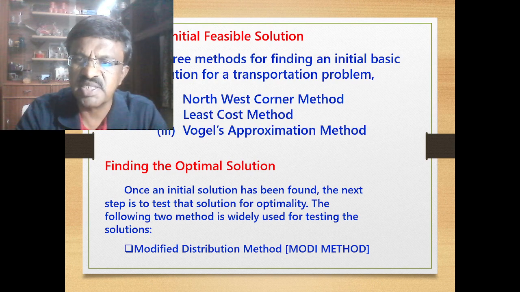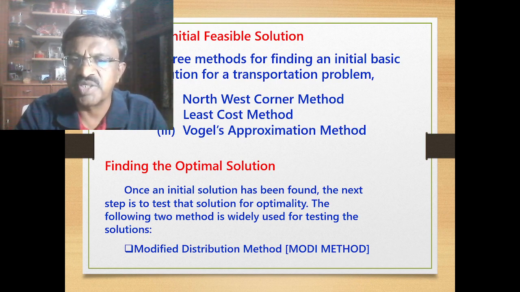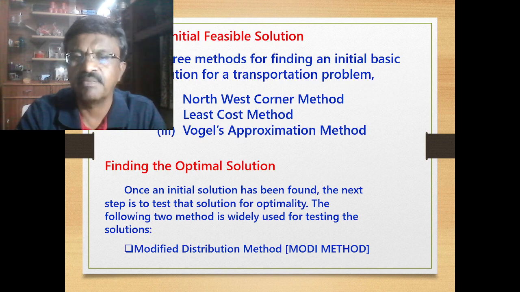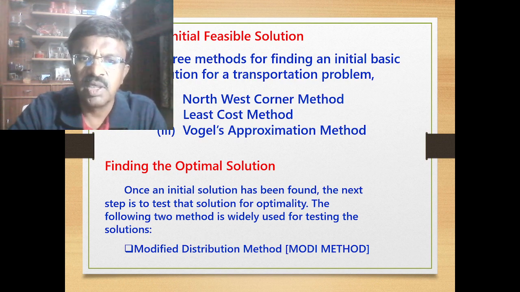Coining the first alphabets of northwest corner rule, we can write NWCR, northwest corner rule or northwest corner method. We usually say the northwest corner rule NWCR. The second method is least cost method, or we can write it as LCM. This is also called as matrix minima method, triple M, MMM, matrix minima method. And then the last one is Vogel's approximation method or Vogel's method or VAM.